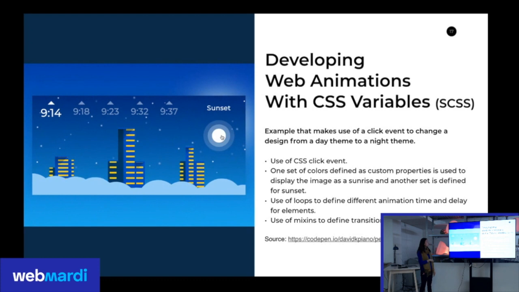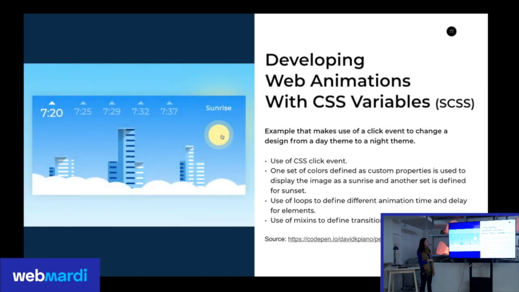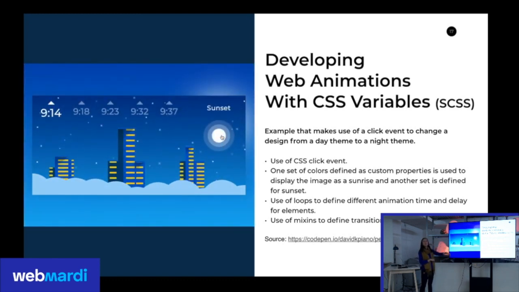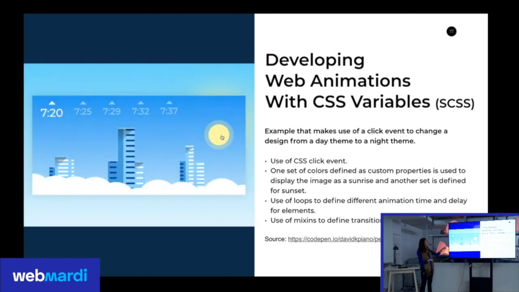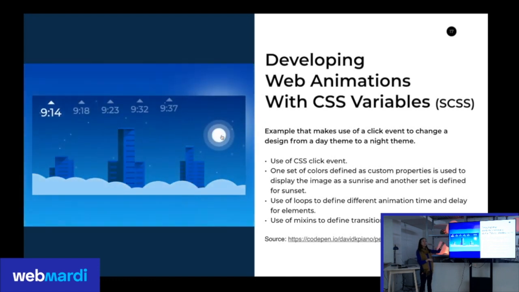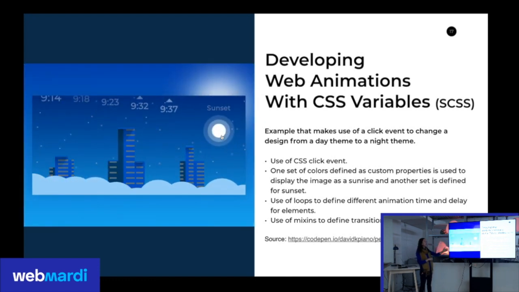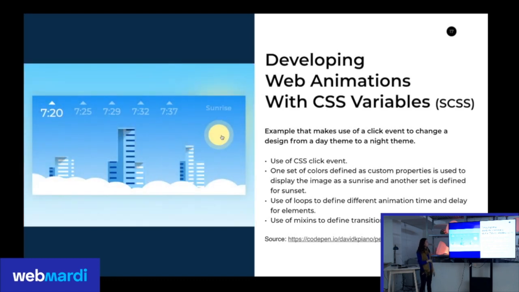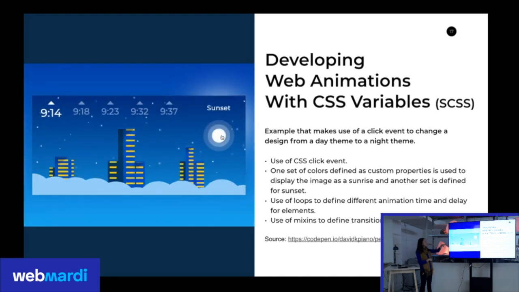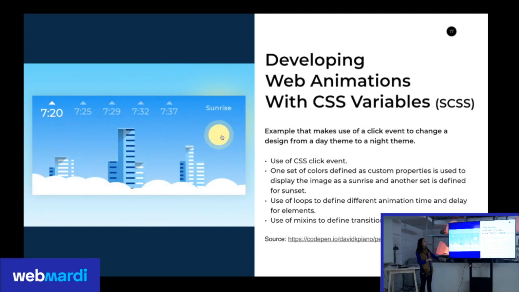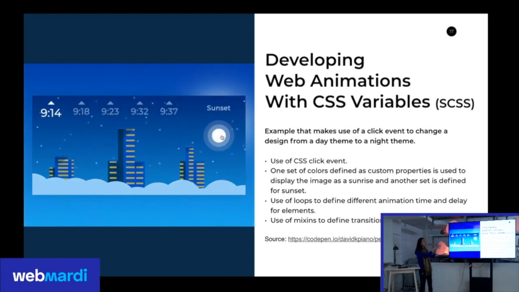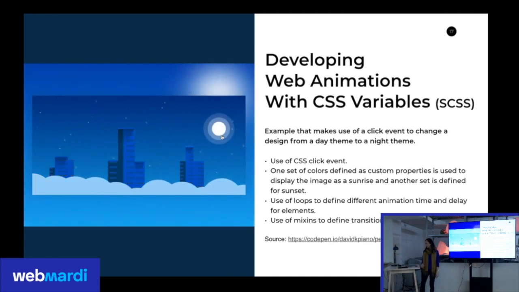You use loops. Loops are useful, again, for animation because, for example, you can define a different delay for each element of the image. Here you have the time, and each element has a different delay thanks to a loop that is in CSS. And again, you use mixins to define these transitions or animations and reuse them in the website, for the animation or for different parts of the animation itself.